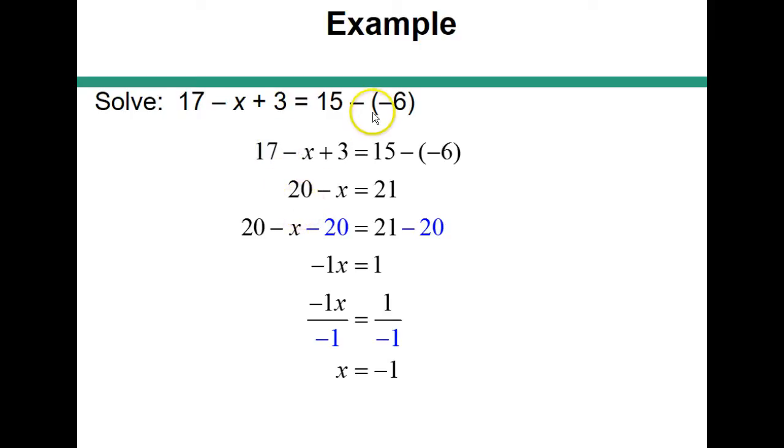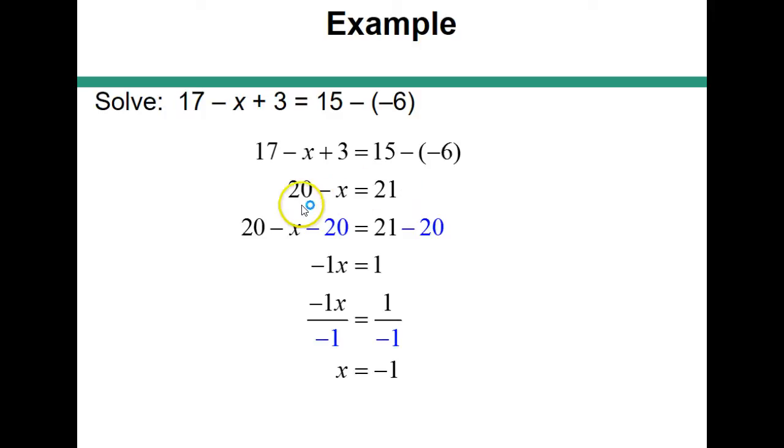Now on the right side, we see a parenthesis, which we want to get rid of. We're going to do that by taking the opposite of a -6, making it a +6, and then that becomes 21.